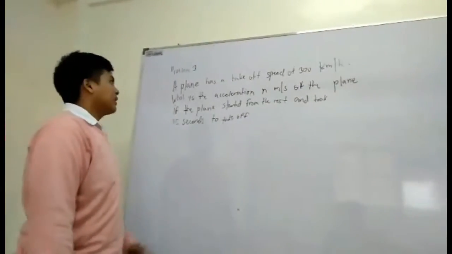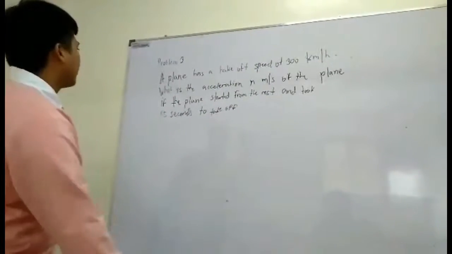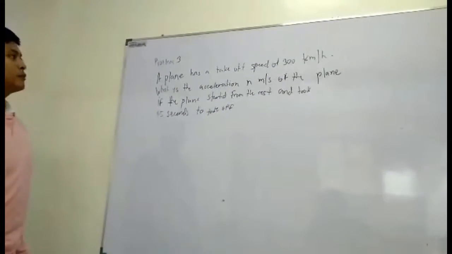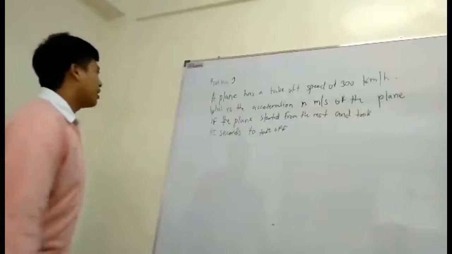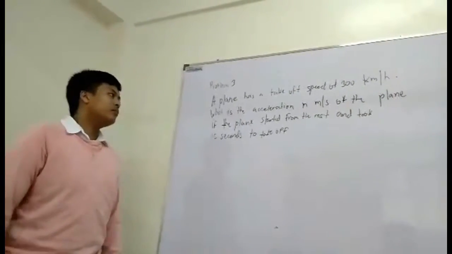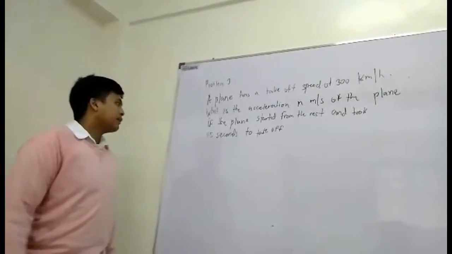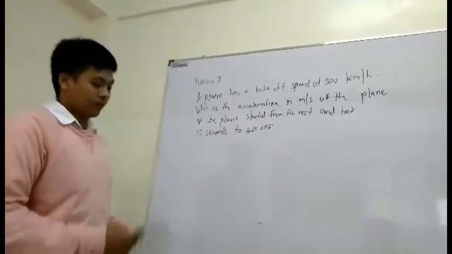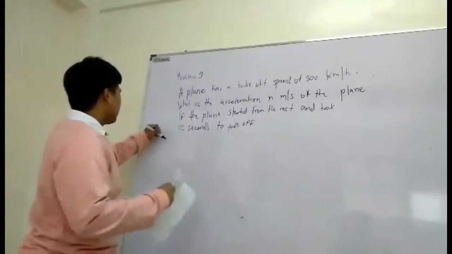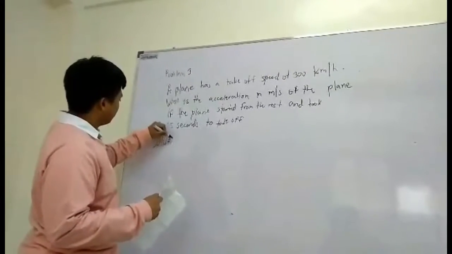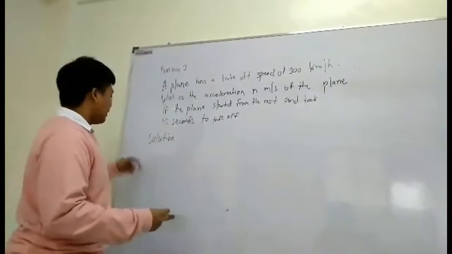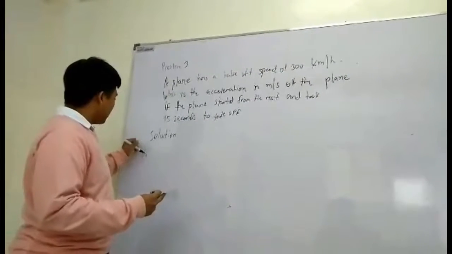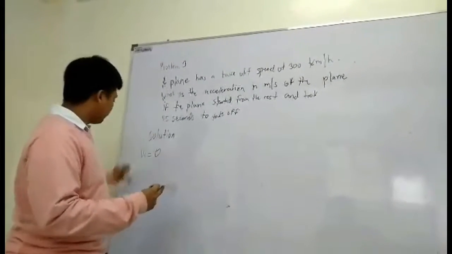Okay, here's the last problem in acceleration. A plane has a takeoff speed of 300 kilometers per hour. What is the acceleration in meters per second squared of the plane if the plane started from rest and took 45 seconds to take off? Here is the solution. The initial velocity of the plane is 0.